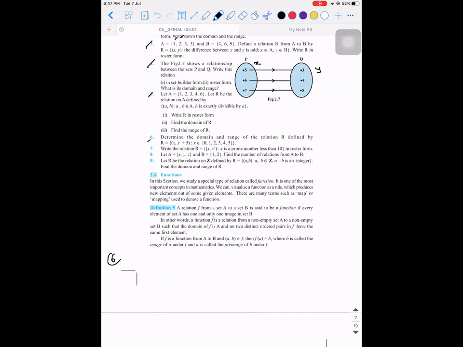If the first number x is taken as 0, what will be the value of y? 5. It's a very simple thing. Then we choose 1: (1, 6), (2, 7), (3, 8), (4, 9), (5, 10). That's it.